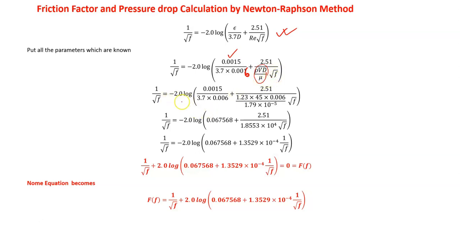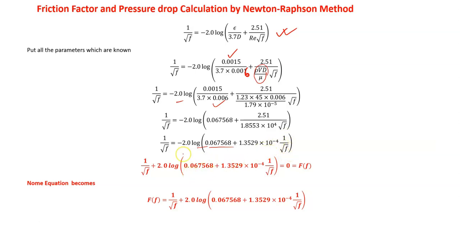If we plug in all these values, ultimately we will get 1 by root f equal to minus 2.0 log of 0.06758 plus 1.3 into 10 to the power minus 4 times 1 by root f.